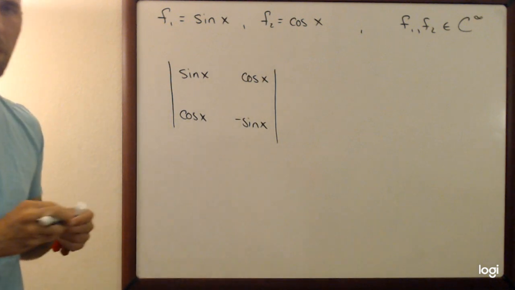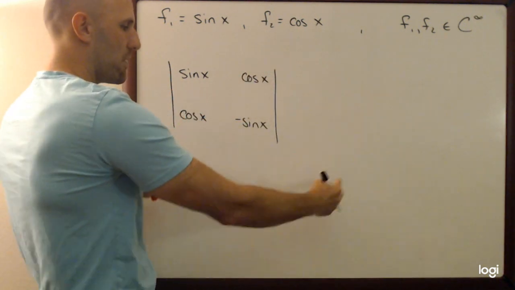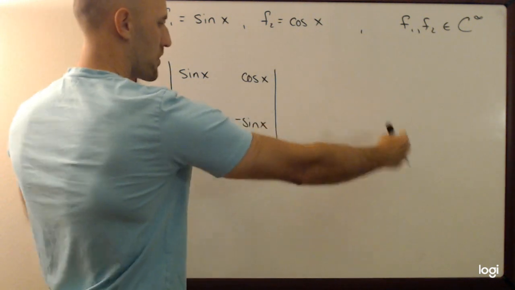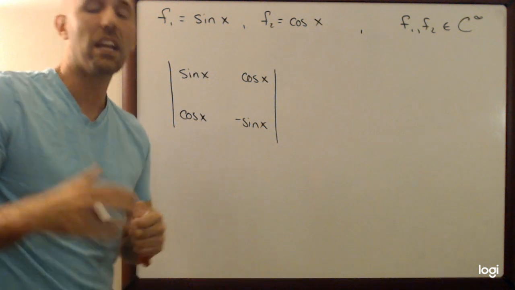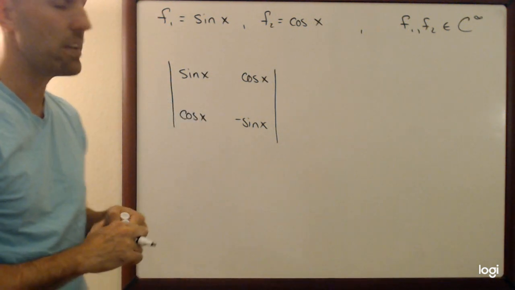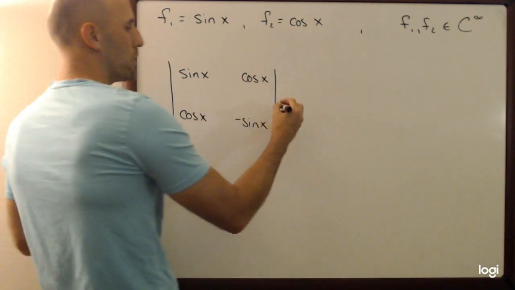And there's my matrix. If I had 3 of these, I would take the first derivative and then the second derivative. If I had 4 of them, I would take the first, the second, and the third derivative. I take as many derivatives as is necessary to make a square matrix. And then I just take a determinant. Well, it's 2 by 2, so this is pretty easy.